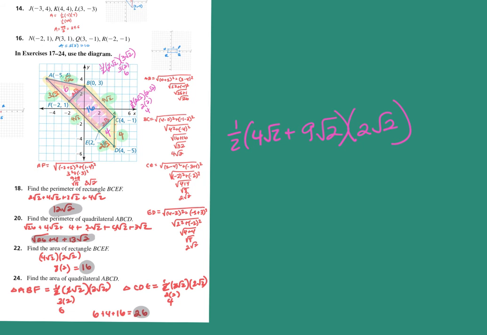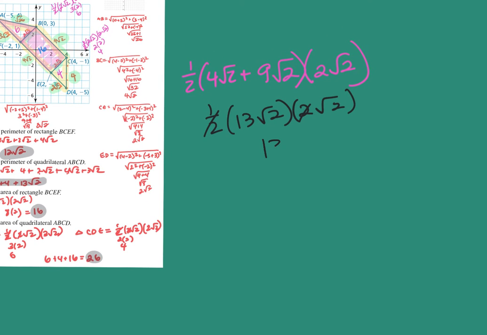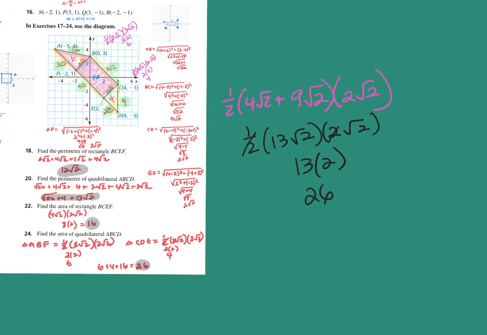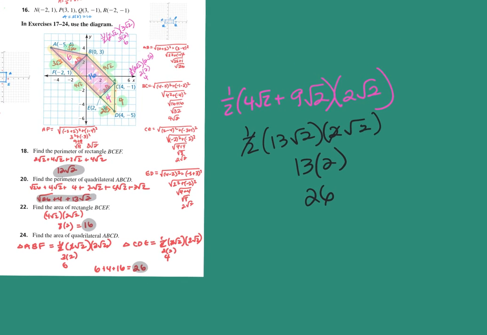You should get the same answer. Are we going to have a parallel trapezoid? No. I mean, eventually when we get to trapezoids, yeah, but not now. Right, so that's that. And then it's 13, 2 root 2 times 2 root 2, which is 2 times 2, and that's 26. It should have given you the same answer.